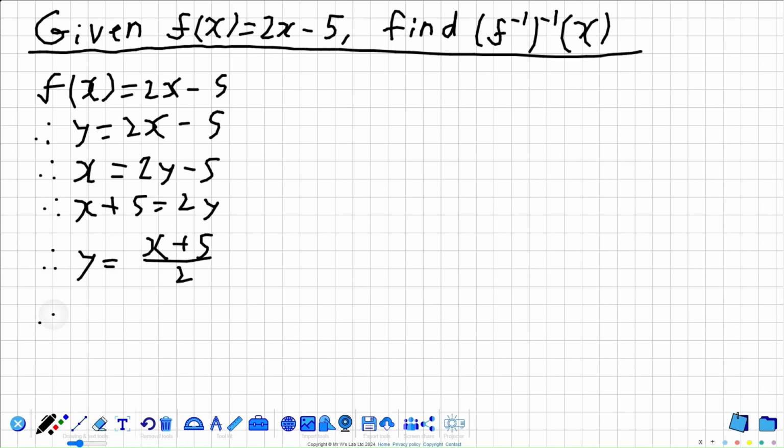We can also say that f negative 1 x equals (x plus 5) over 2.